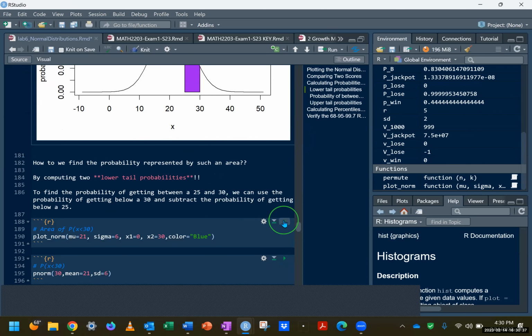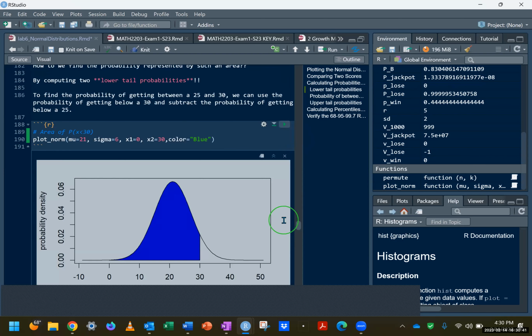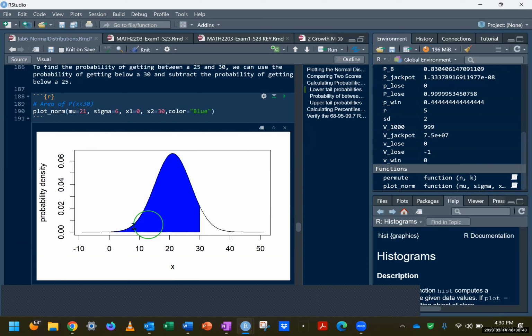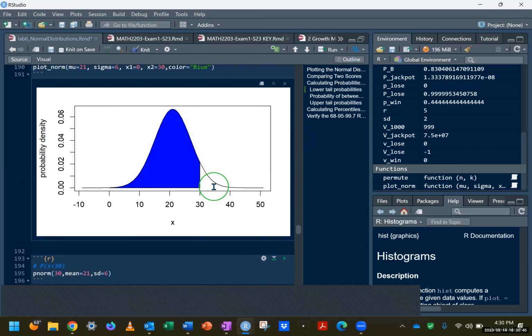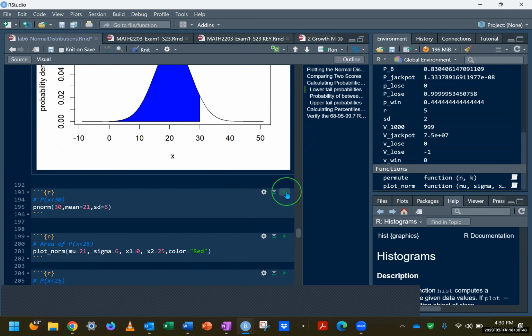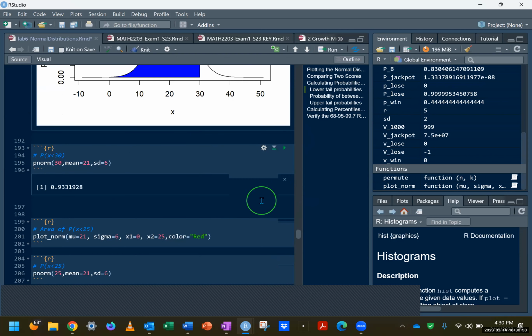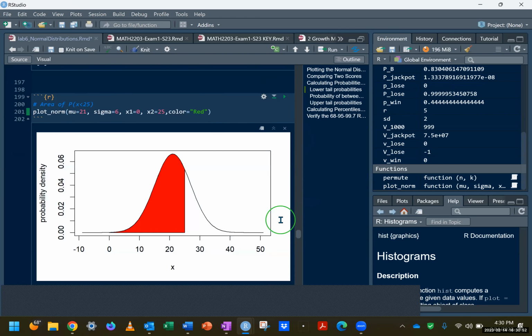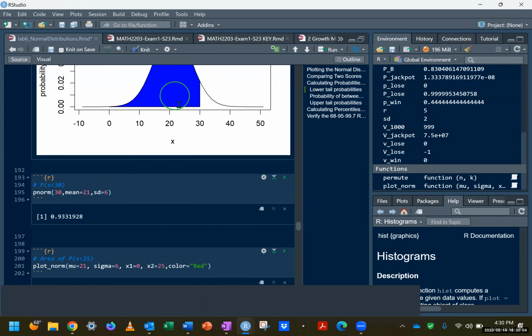So let's see. If we take the lower tail from 30, we know how to find that. And we also know how to find the lower tail from 25. And you see that blue area?